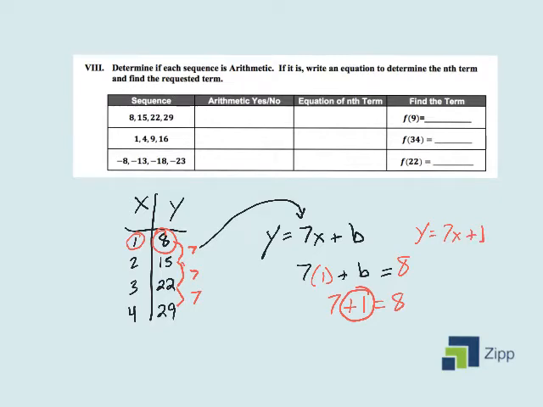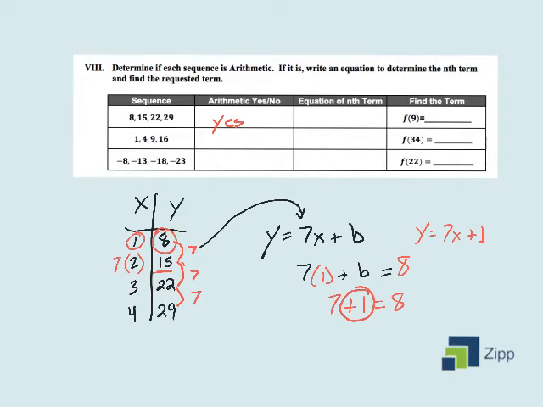I'll check this on my second term. If I go 7 times 2, I get 14, and if I add 1 more, I get 15. This is a formula that's going to work. So first off, I want to state that yes, it is an arithmetic sequence because it has a common difference.